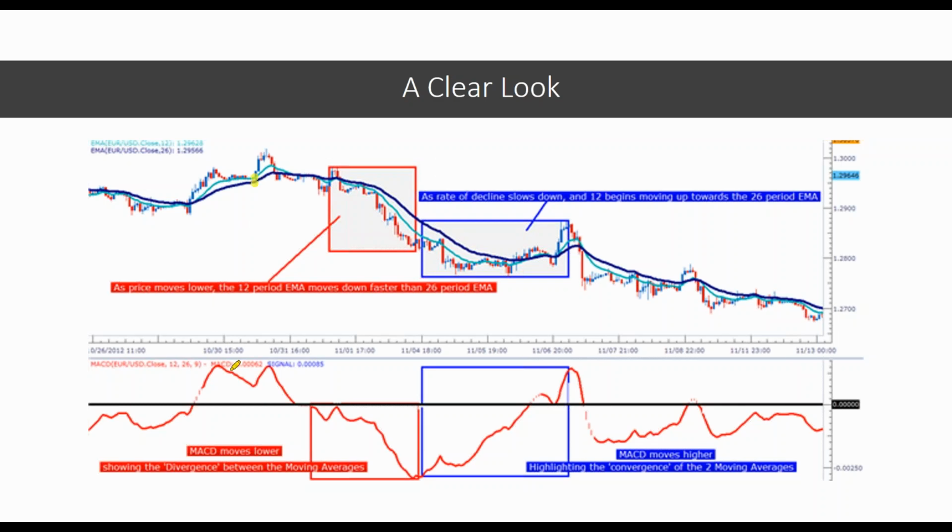When we do that, we plot that as a single number on our chart below. So the line below is simply the difference between the two moving averages. And this gives us our MACD line on the bottom of our chart. That's one of the lines.